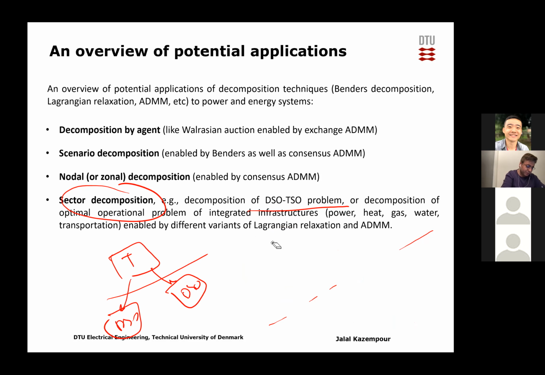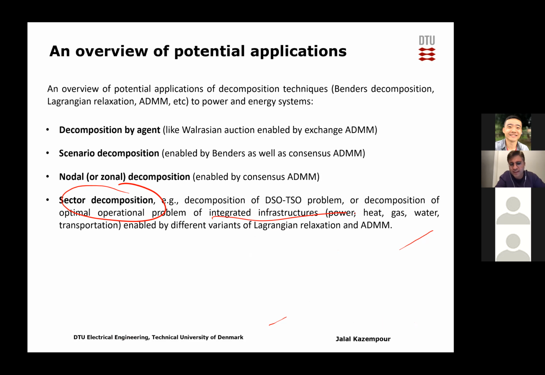Also, in the same way, you can think of sector decomposition for integrated energy systems or for integrated networks in total. Now we are all thinking about integrated energy systems: power, heat, gas, water, transportation, whatever. Just because of transportation and water, I called it integrated infrastructures rather than integrated energy systems.